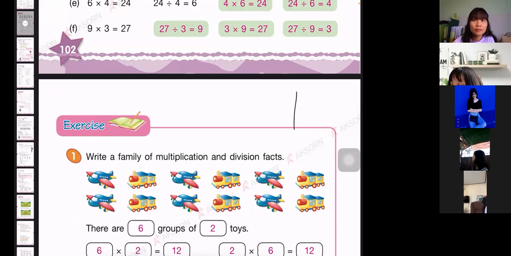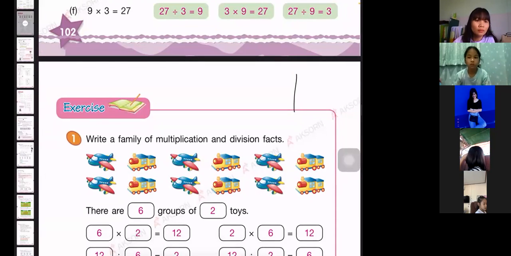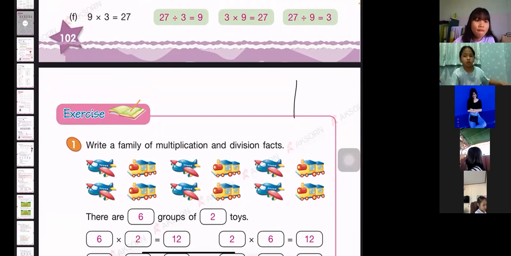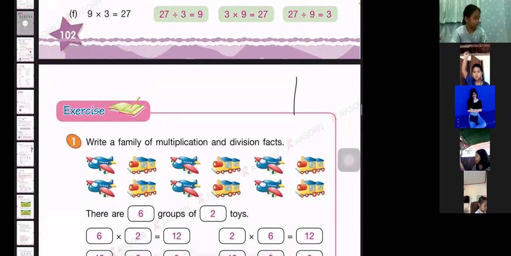So for the given information, we're going to do the multiplication and division fact. So we have 6 and 2. Now, you're going to do the multiplication facts based on the given information.